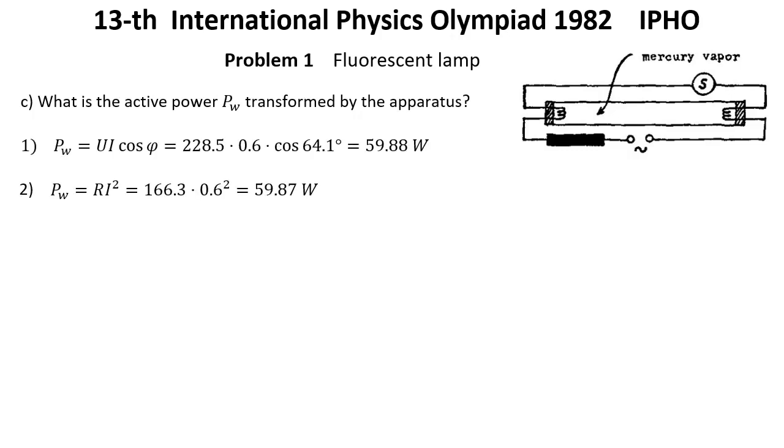First way, that's equal to U multiplied by I and multiplied by cosine phi, which is 59.88 watt. Another way is equal to R multiplied by I squared, which is 59.87 watt. That was solution for question C.